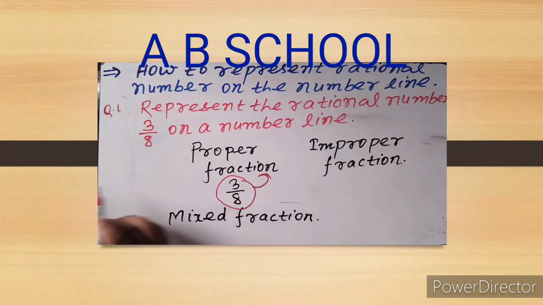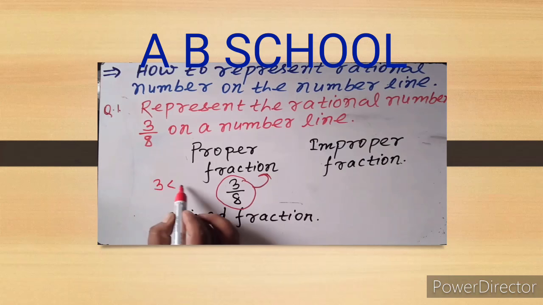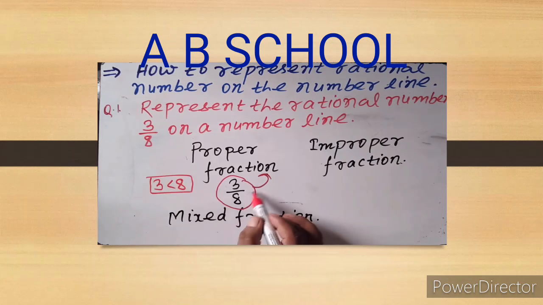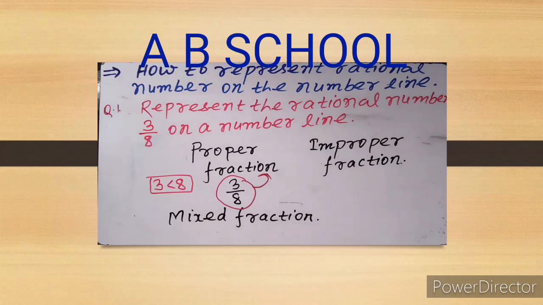Here you can see 3 is less than 8. Therefore, it is called a proper fraction. In a proper fraction, what you have to remember is, when the numerator is less than the denominator, then it will be a proper fraction.